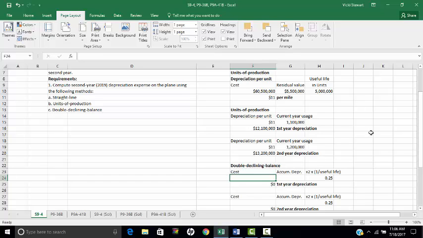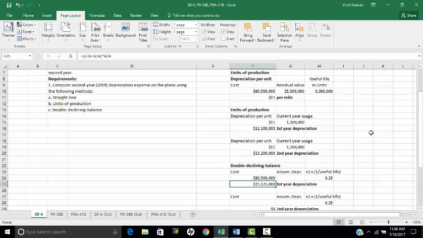The third method that we're going to use to compute depreciation is double declining balance. When we use double declining balance, again, we start out with our cost, $60,500,000, but we don't subtract residual value.